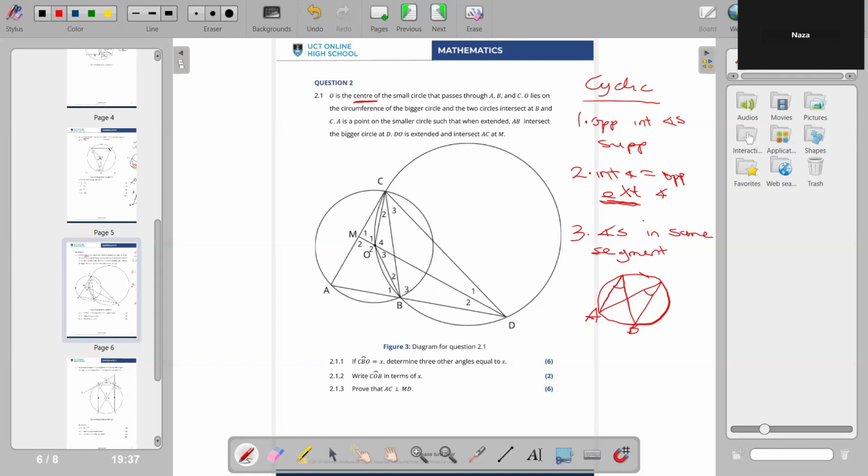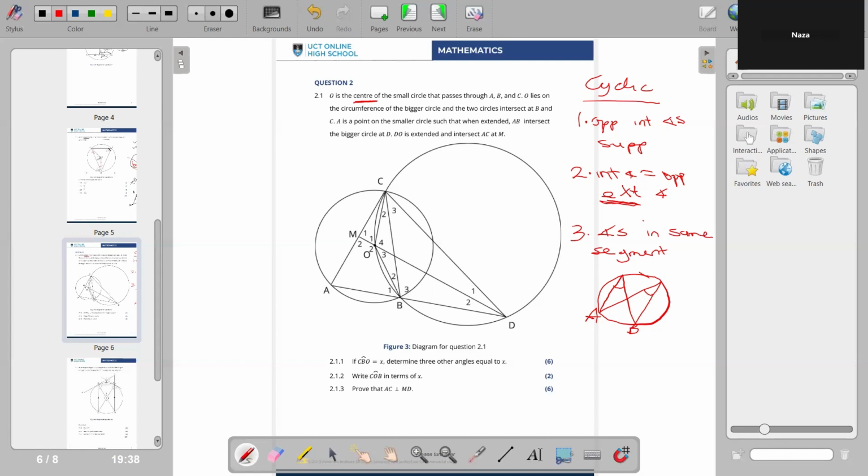Don't worry about the questions. Do we have any angles that we are given? No. So for the meantime, because we don't want to go to the questions, we just want to analyze our diagram. Is that clear? Okay, let's go and analyze.